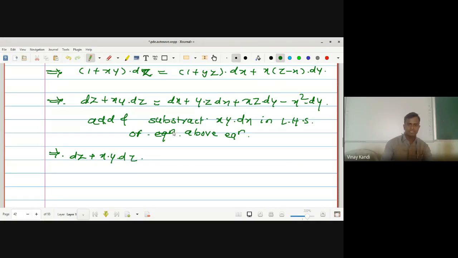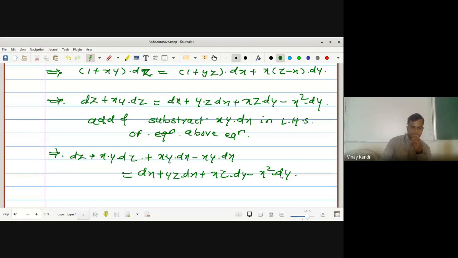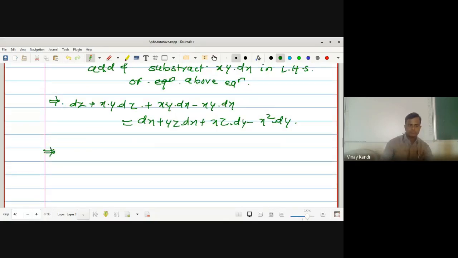What will come? xy into dx added and subtracted on the left hand side, which is equal to plus xy into dx minus xy into dx, which is equal to dx as it is plus yz dx plus xz dy minus x square dy. Okay, you will solve further from here. In the end the answer is this. Solve and simplify this: (dz minus dx) upon (z minus x), which is equal to (y dx plus x dy) upon (1 plus xy).